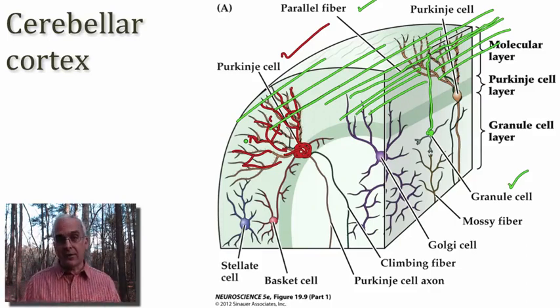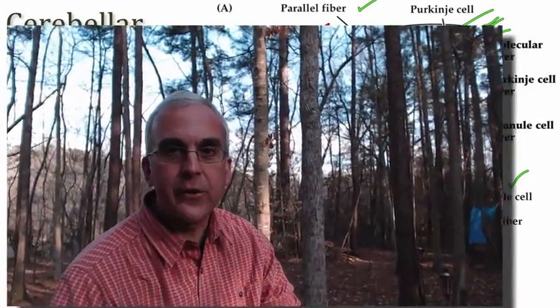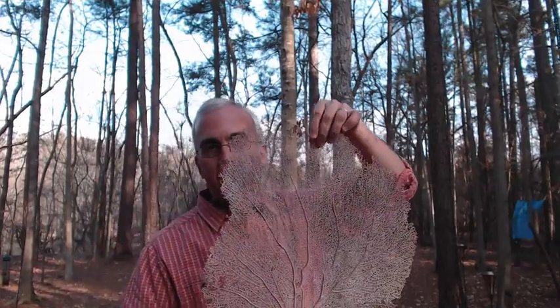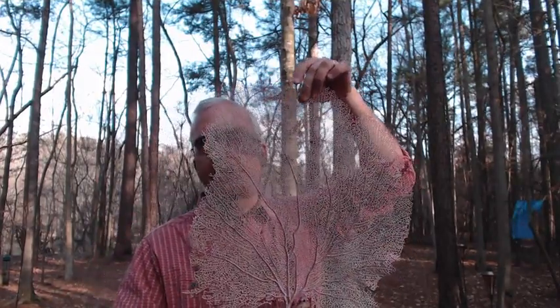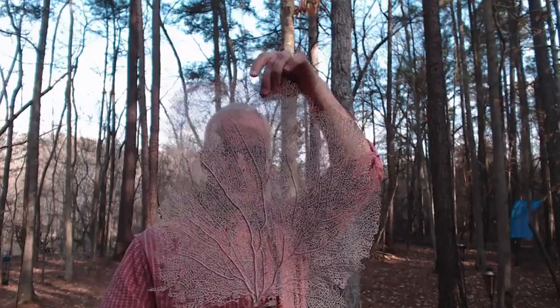Well, I brought a little bit of a visual aid that hopefully will illustrate for you what these Purkinje cell dendrites actually look like. What I've brought to show you is my Purkinje neuron of the sea, as I like to think of this. Well, actually, no, this is not a Purkinje neuron.